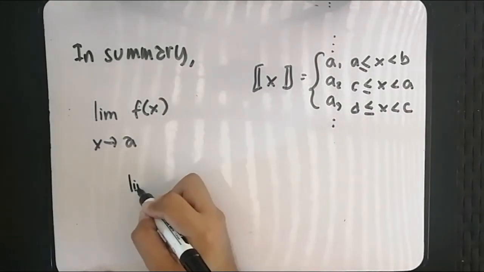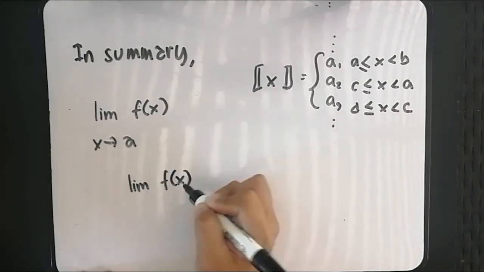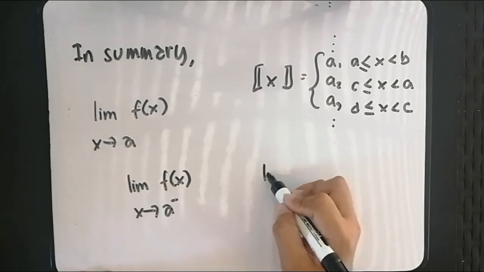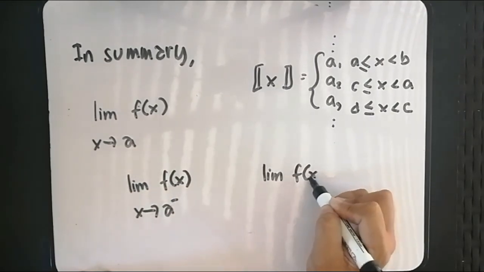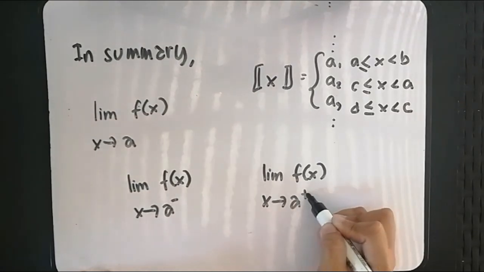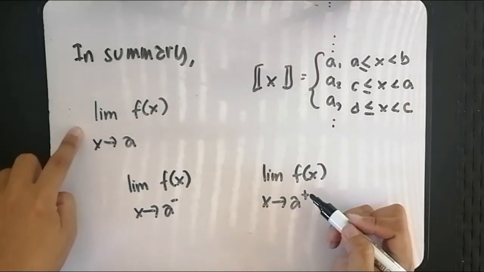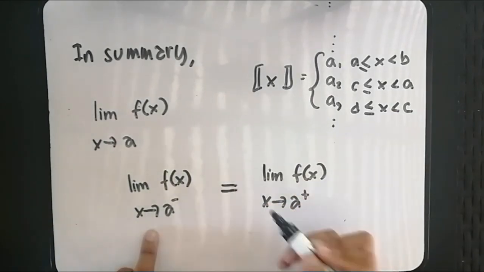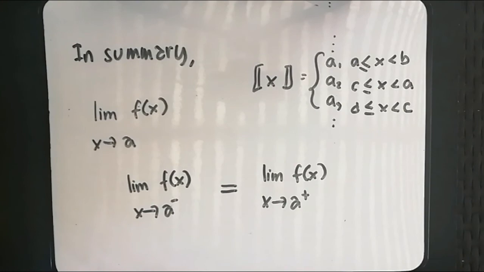So that is the limit of f of x as x approaches a from the left and limit of f of x as x approaches a from the right. And for this to exist, both of them should exist and should be equal.